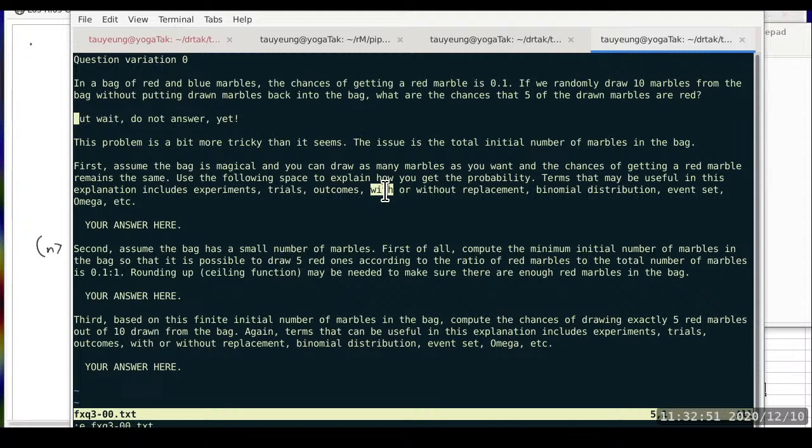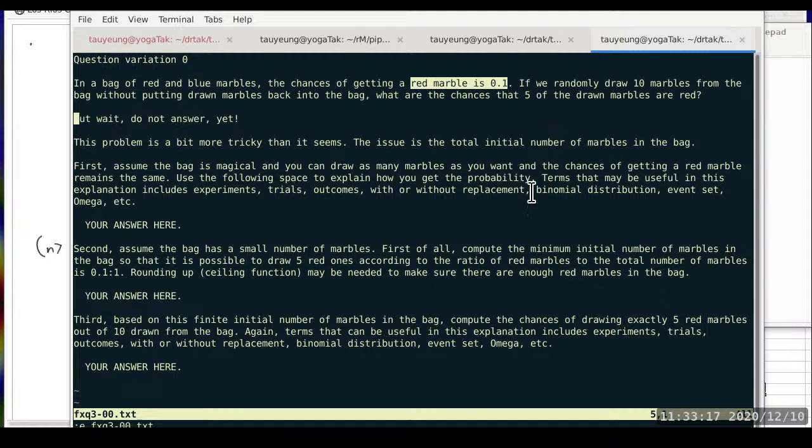So it is a bag, but you can imagine that somebody in the background, through a hole at the bottom of the bag, puts back a marble that you have drawn out. If you took a red marble out, then somebody behind the scenes is putting a red marble back, so that the chance of getting a red marble remains 0.1 all the time.